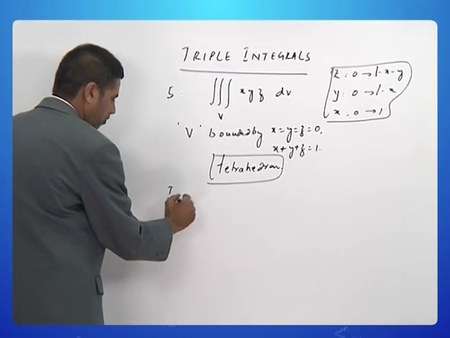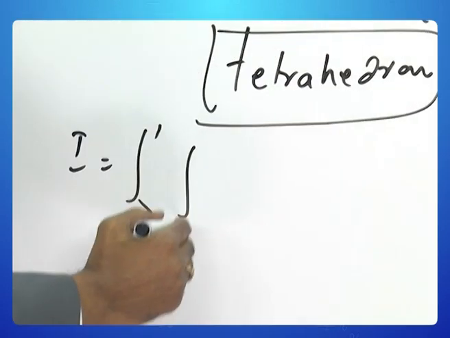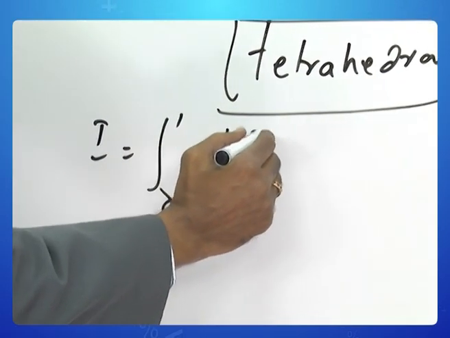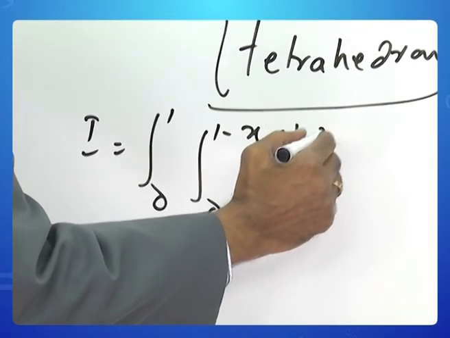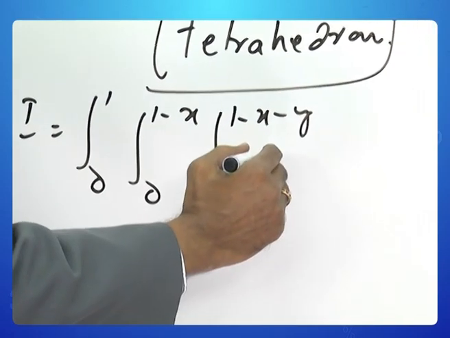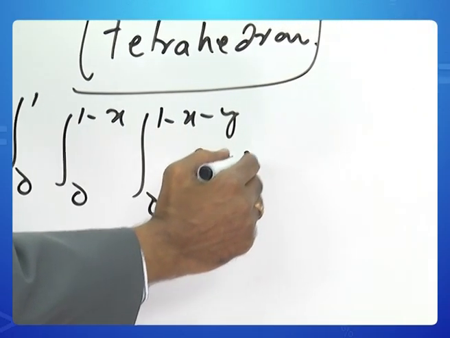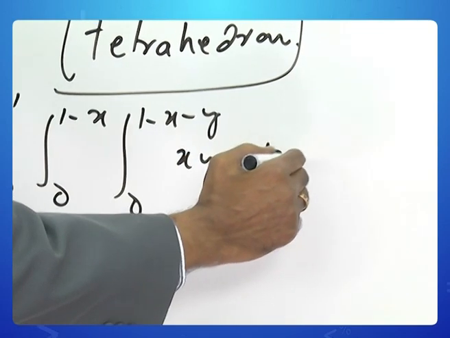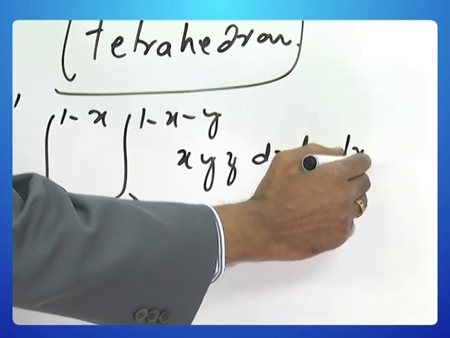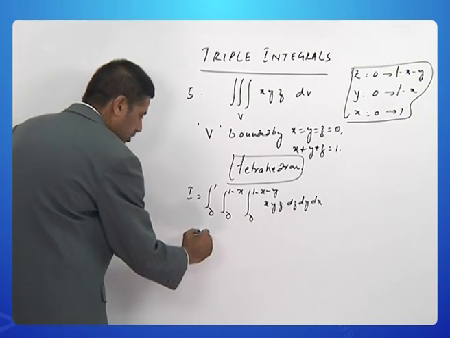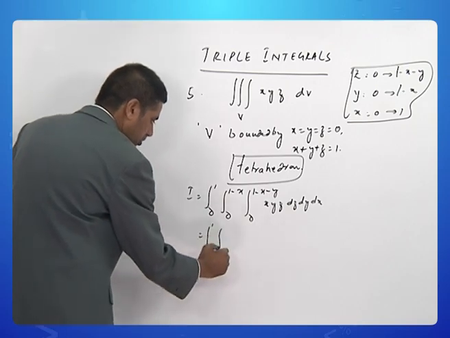So if you fix the limits 0 to 1, 0 to 1 minus x, 0 to 1 minus x minus y, the integral is of xyz dz dy dx. So let's perform this integration.